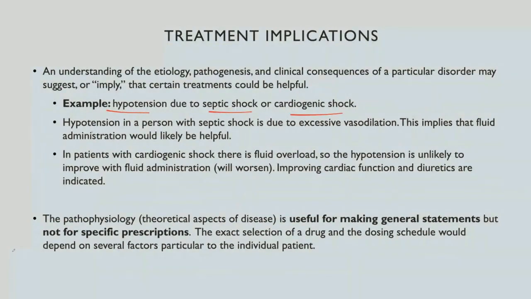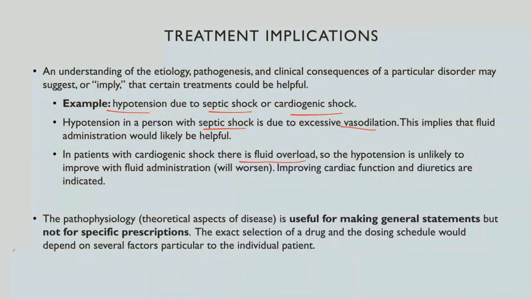If someone has hypotension because of sepsis, the mechanism linking sepsis with hypotension is excessive vasodilation. But in the patient with cardiogenic shock, this occurs because the heart is not pumping properly and the fluid is accumulating in the lungs, so there is a fluid overload.